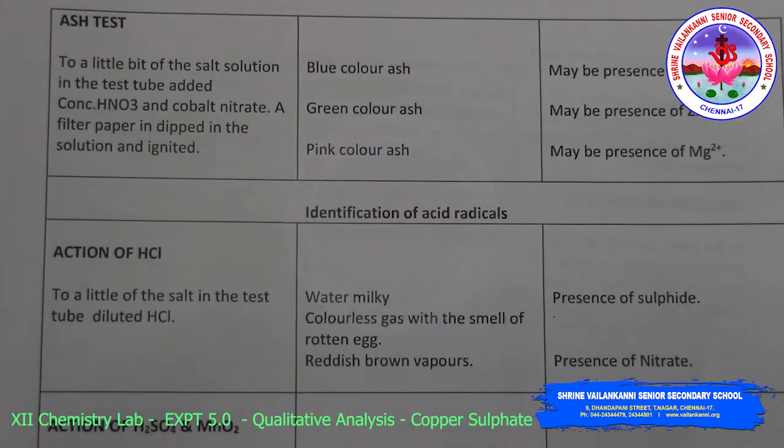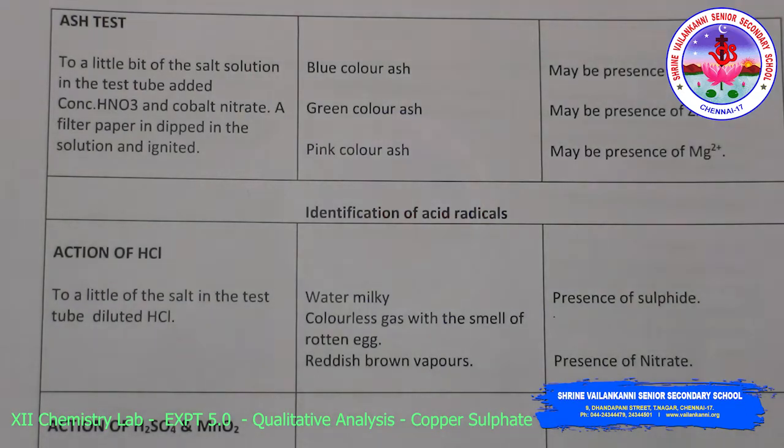Next the ash test. A little salt solution is taken, and concentrated nitric acid and cobalt nitrate solution are added. A filter paper is dipped in the solution and ignited. Blue ash may be presence of aluminum, green ash may be presence of zinc, pink ash may be presence of magnesium.